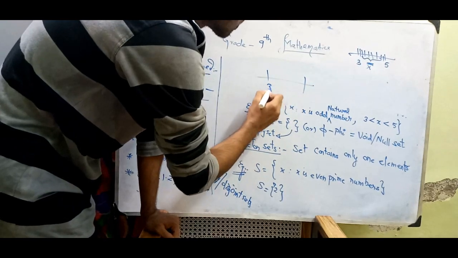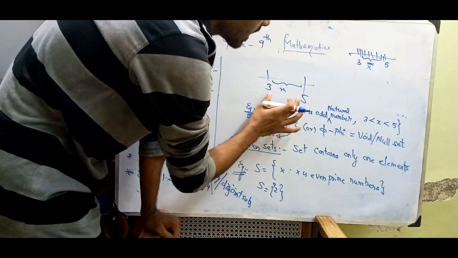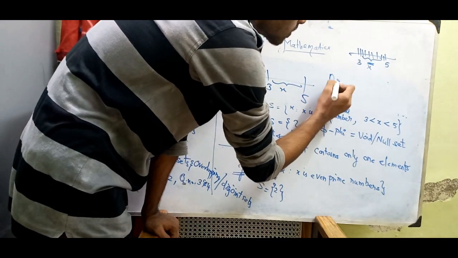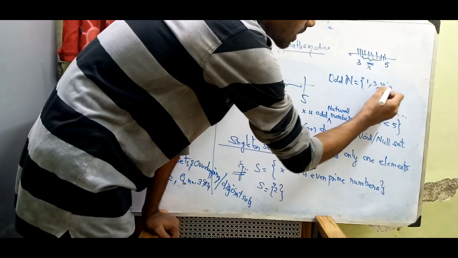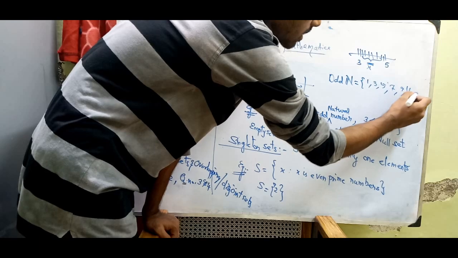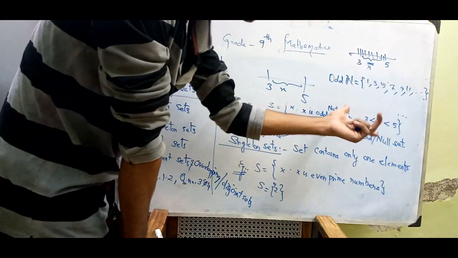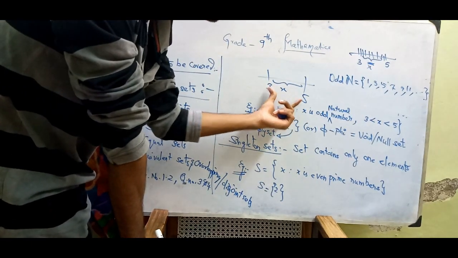See, number 3 and number 5, x lies between 3 and 5. We know odd natural numbers are 1, 3, 5, 7, 9, 11 and so on, right? So in between 3 and 5 there is no such number.